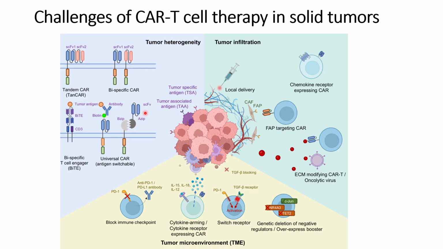In the universal CAR, they will add another single chain variable fragment that can interact with the receptors expressed on the T cells, so that when the single chain variable fragment interacts with the tumors, it will trigger the intracellular signaling.